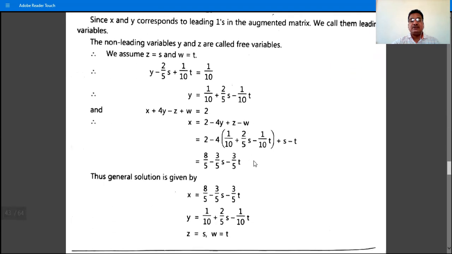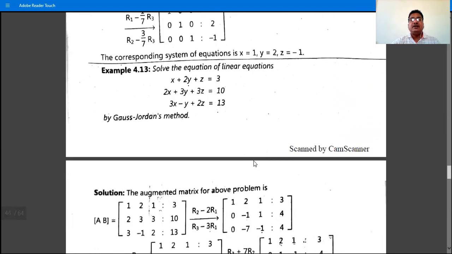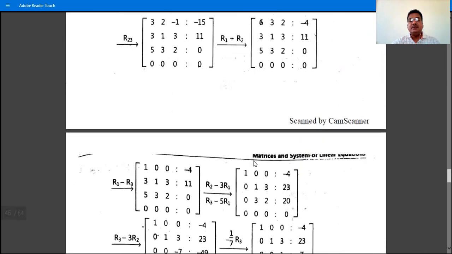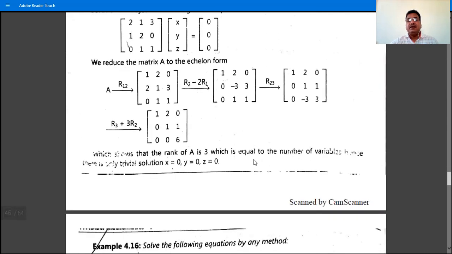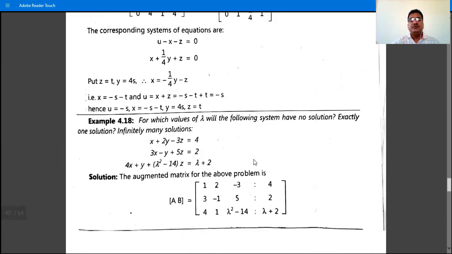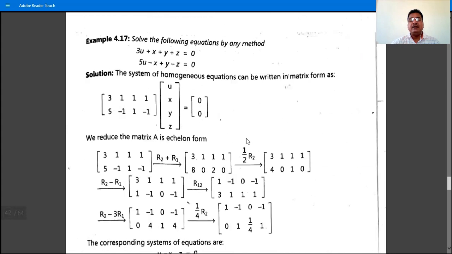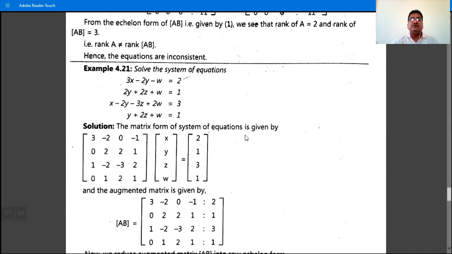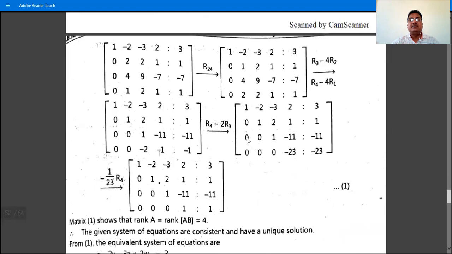First test the consistency of the system, that is, whether the given system is consistent or inconsistent. If the system is consistent, then find its solution. But if the system is inconsistent, then the system has no solution. So first test the consistency of the system and then solve the system.